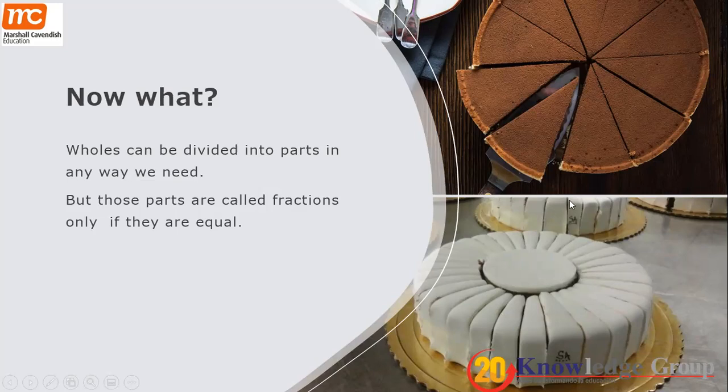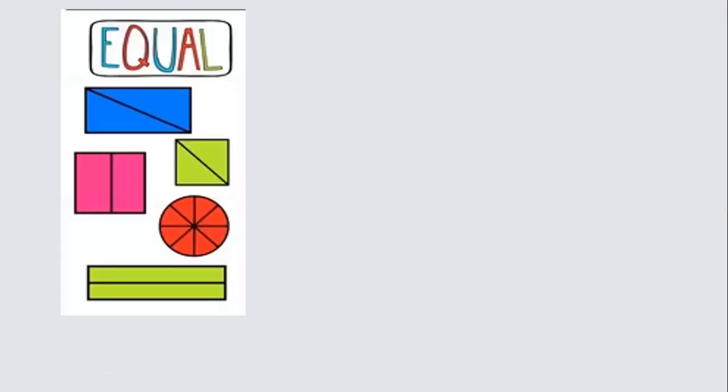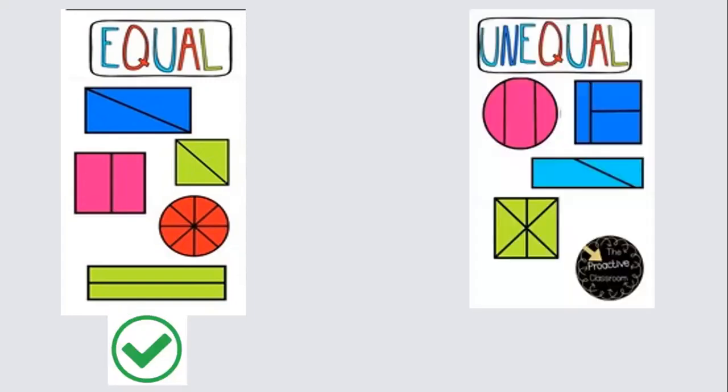But this white cake is not considered fractions because their parts are not equal. Remember, if we have equal parts, then it is fractions. If the parts are unequal, they are not fractions.